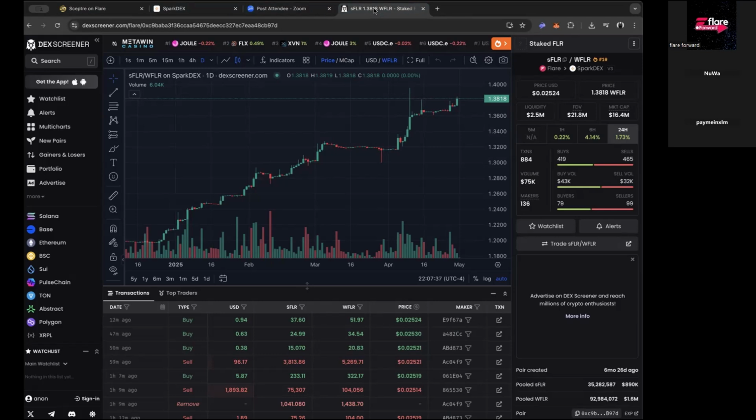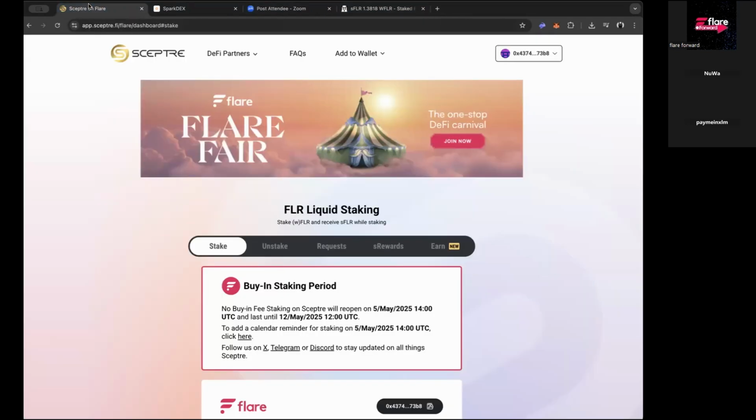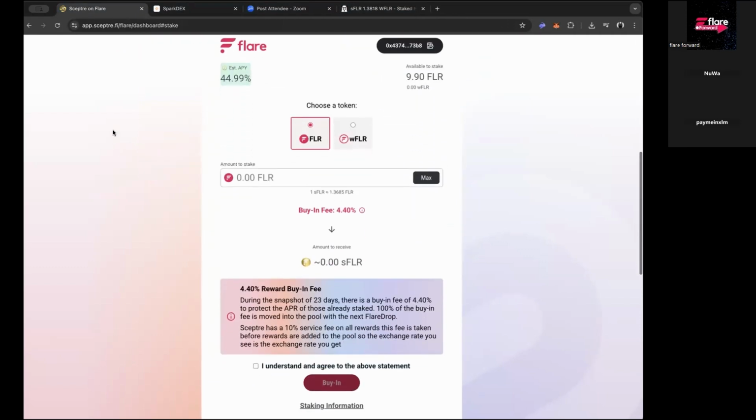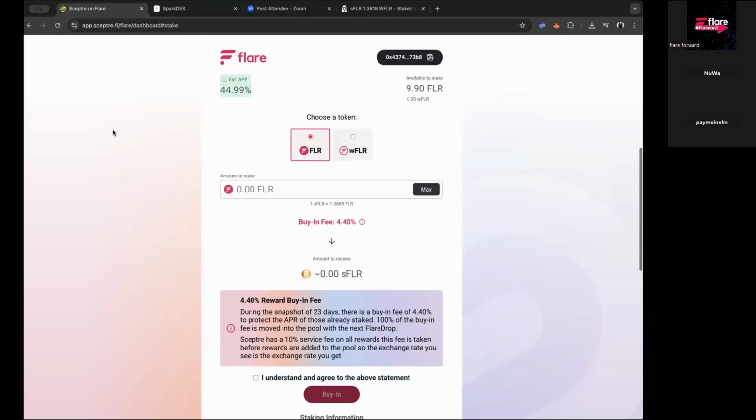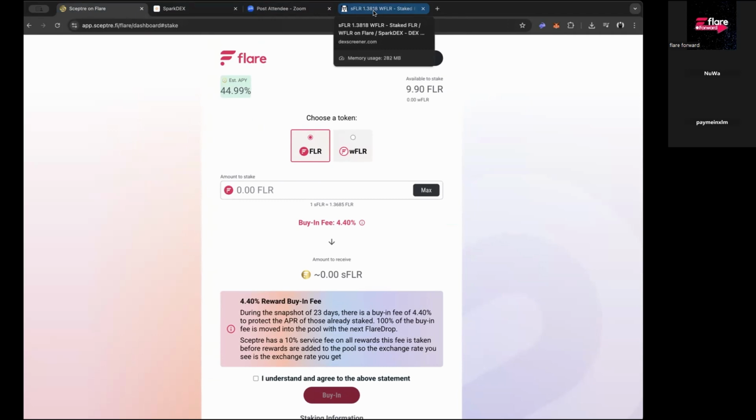Okay, so then go to Scepter. And then scroll down. So the official rate is 1.37 pretty much, right? Correct. That's the official price for staking. That's the price that comes from accounting of how many people have delegated or staked their SFLR and how many rewards they're getting from delegating, from staking, and from FLR rewards.